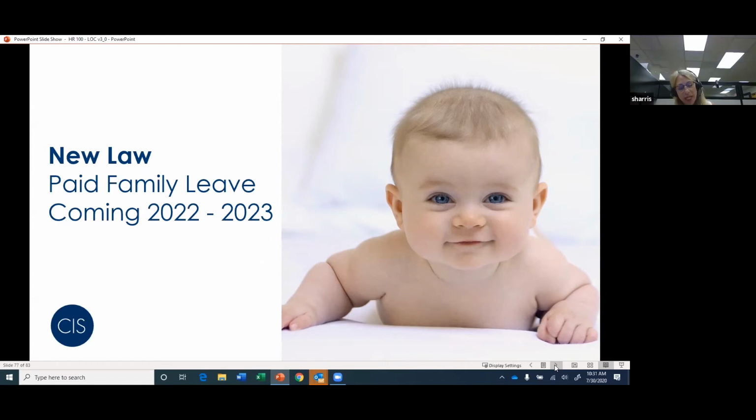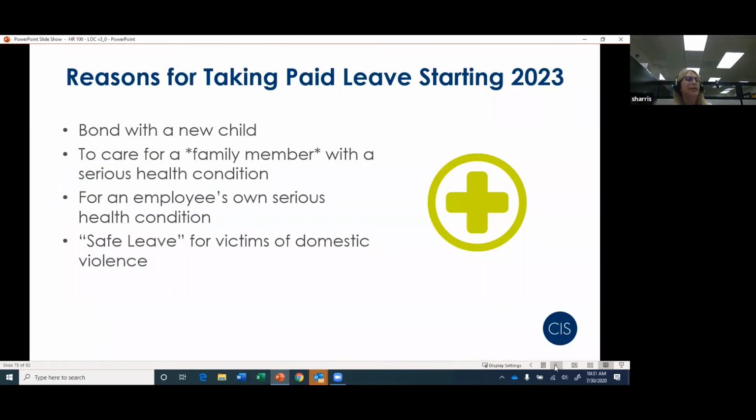What I understand at this point is that the employment department is the one who is going to be administering this, and they're supposed to have everything out, the rules of how to administer this by September 1st, 21. That's my understanding.